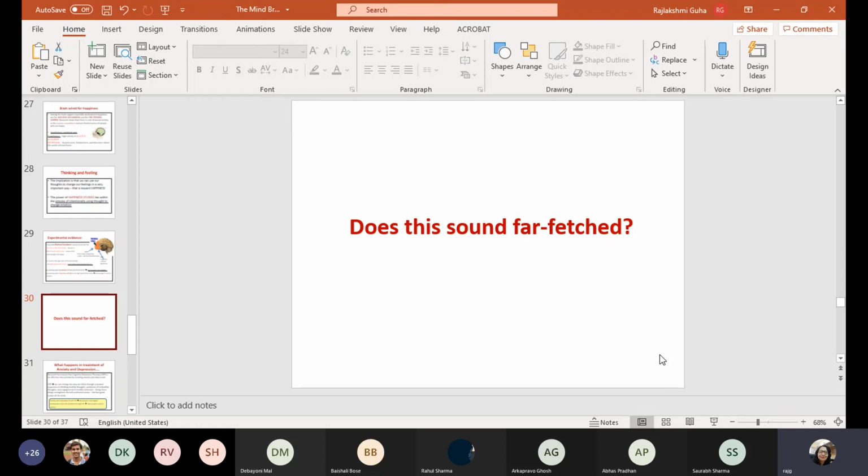Damasio actually says that Descartes was in error, so he has named that book by the same title. So read the book if you get a chance. It's not hardcore neuroscience. It's popular writing, and it's very interesting.